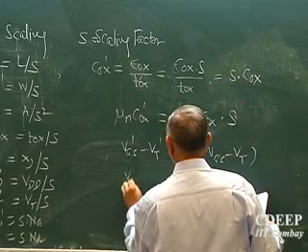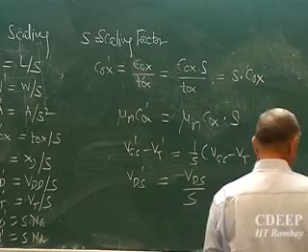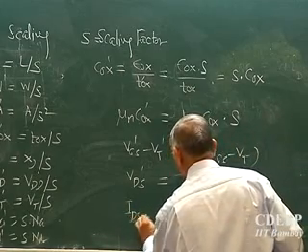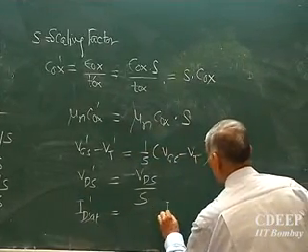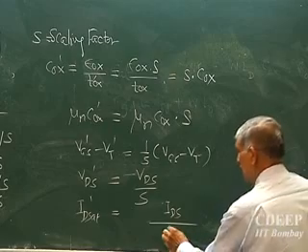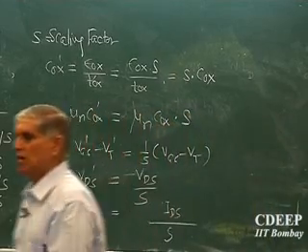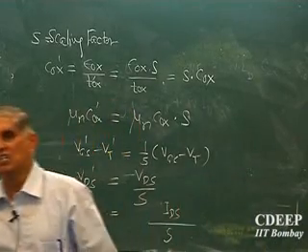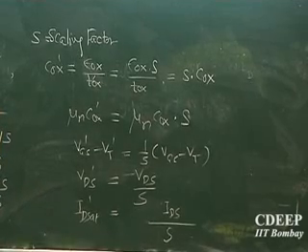Then VDS dash is VDS by S, and therefore if I calculate the new ID SAT, how much will it come? Anyone? From the old one? It will reduce to IDS by S. Substitute all these values. So the new ID SAT will actually reduce from the old value by the S factor.